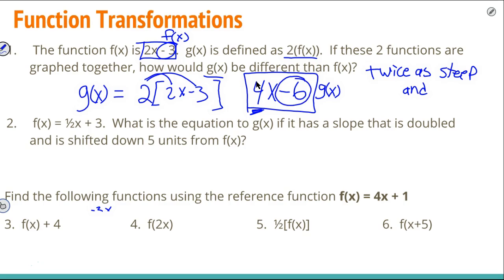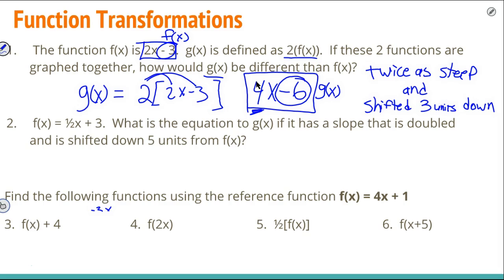It's going to be shifted down to negative 6, shifted 3 units down. So the slope and the y-intercept were double in that situation.